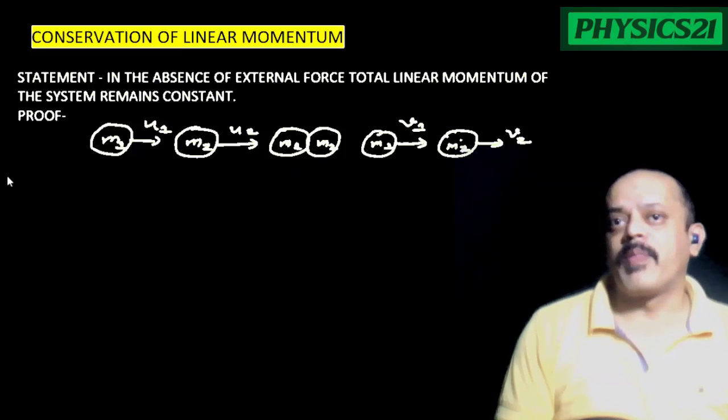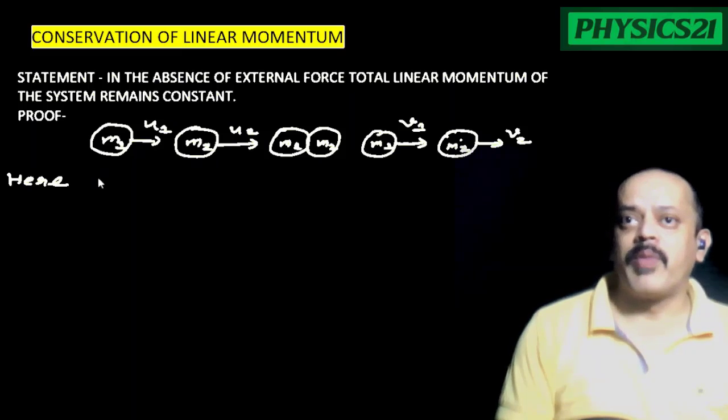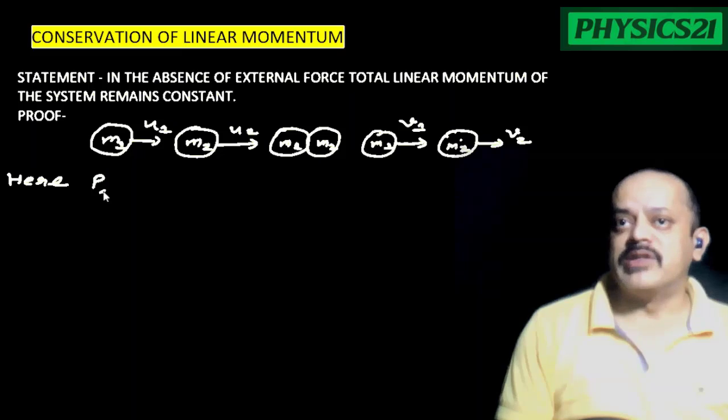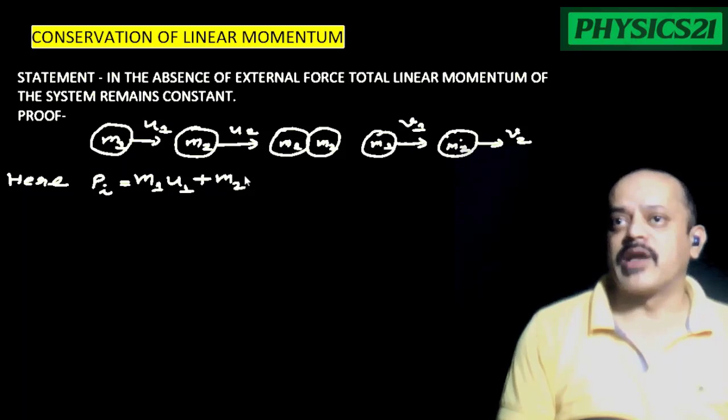Here, the initial linear momentum of both the bodies, Pi, is equal to the linear momentum of the first body, m1 u1, plus the linear momentum of the second body, m2 u2.